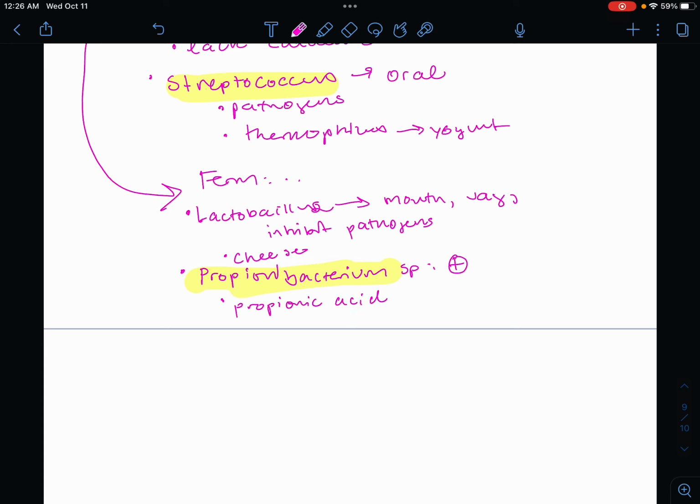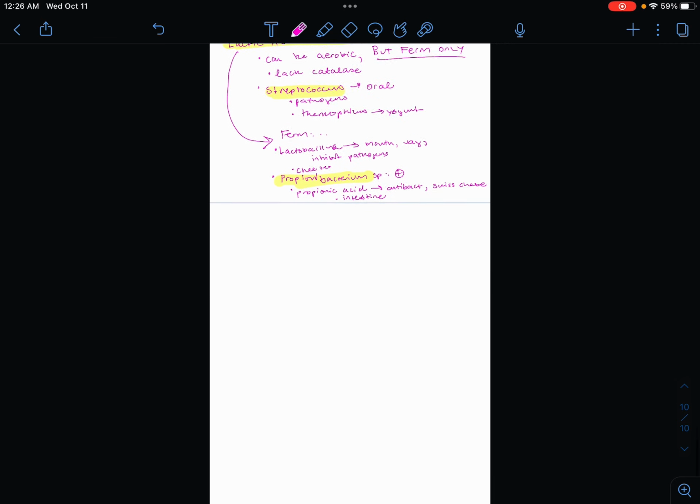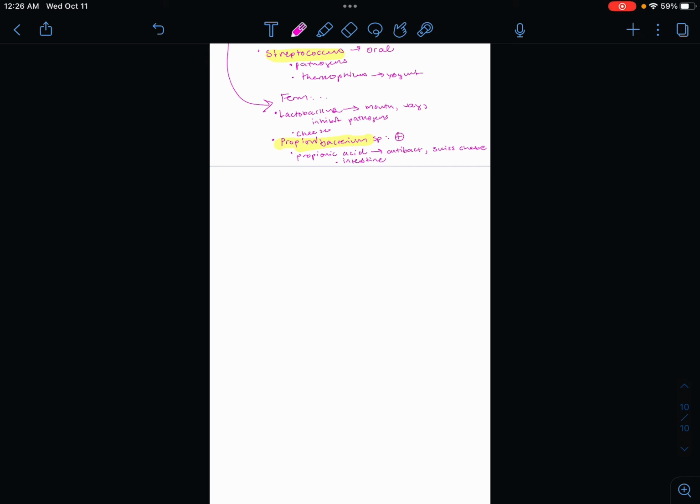This acid is used to make antibacterials, as well as Swiss cheese. And they're found in the intestine. Very interesting group of bacteria there. Okay. Let's see where we are.